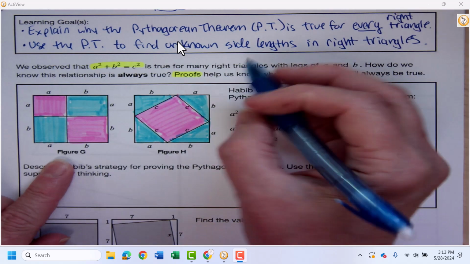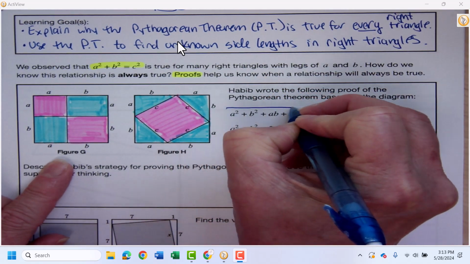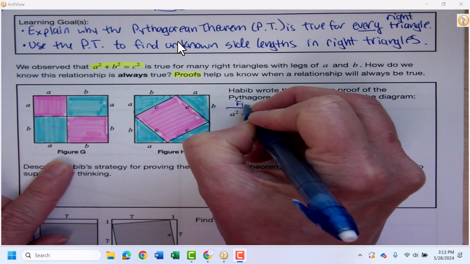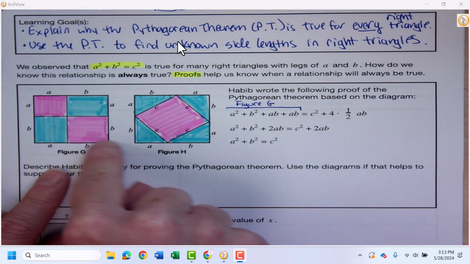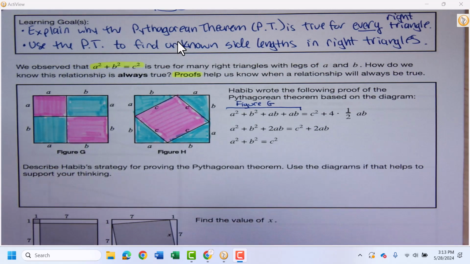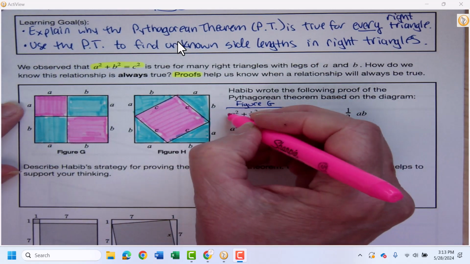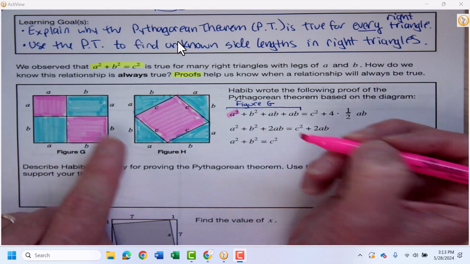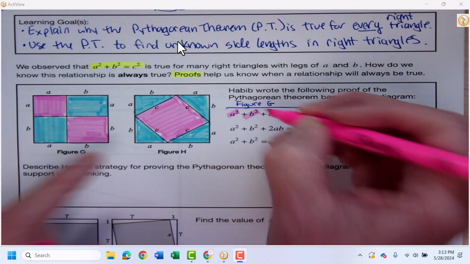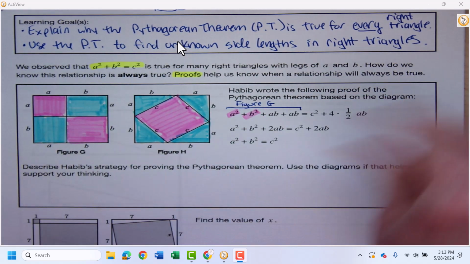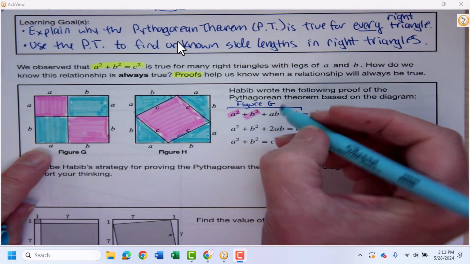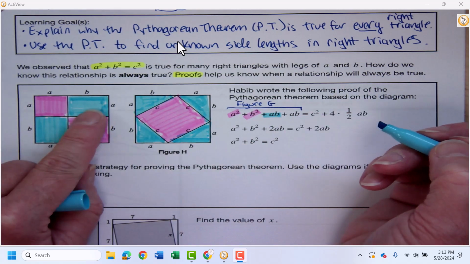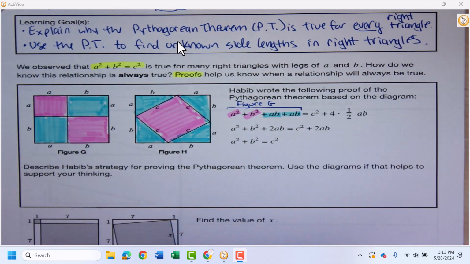He's just adding up all of these pieces to represent this whole square. Well, that whole square is made up of a squared, this pink square down here, b squared, and then these two rectangles that are each a times b. That one's a times b, this one's a times b. So that's figure G.